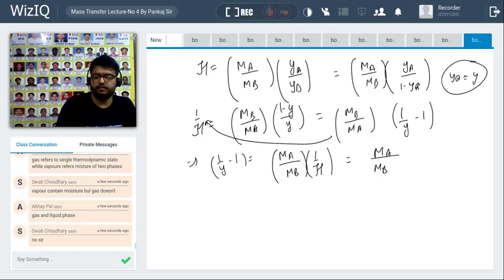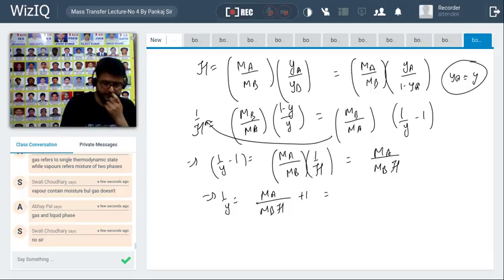MA upon MB into H. This implies 1 by Y is equal to MA upon MB into H plus 1 is equal to MA plus MB into H upon MB into H.